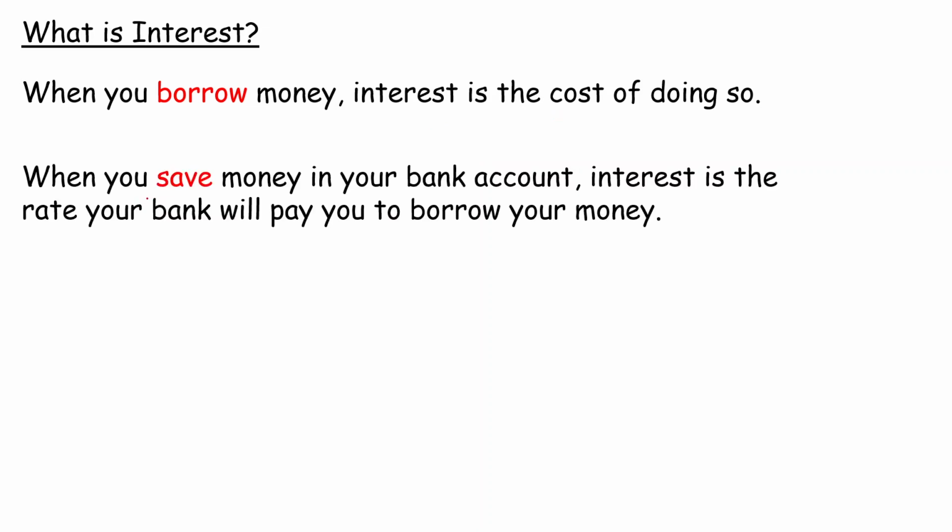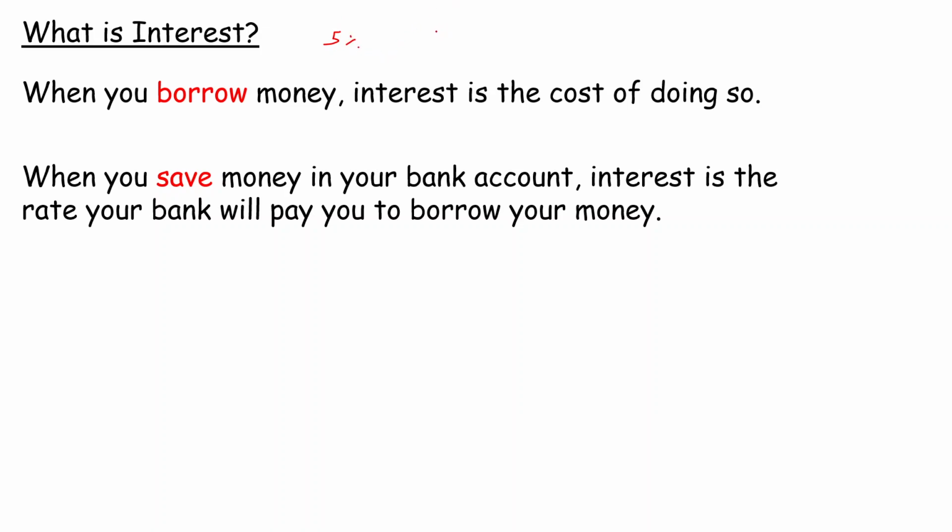But also, if you save money, so the opposite of borrowing, right? If you save money in your bank account, and a lot of you guys have got bank accounts now, the bank will pay you interest on that money. The more money that you have in your bank account, the more you will get from interest. Right now, the interest rate is quite high, roughly around 5%.